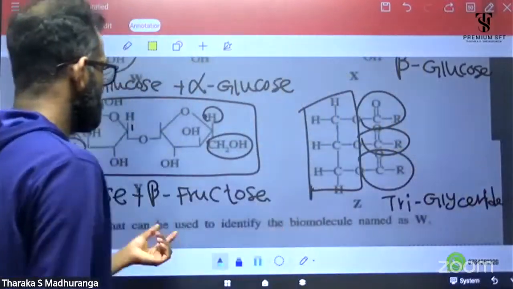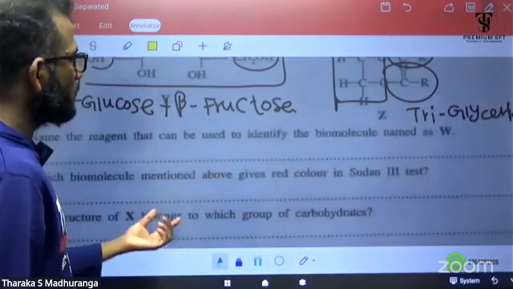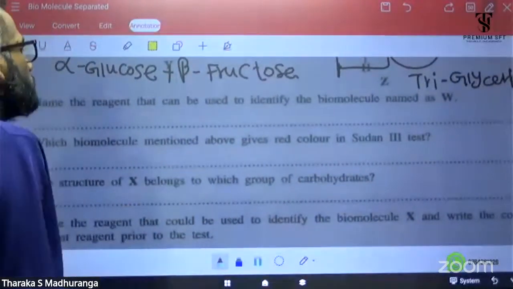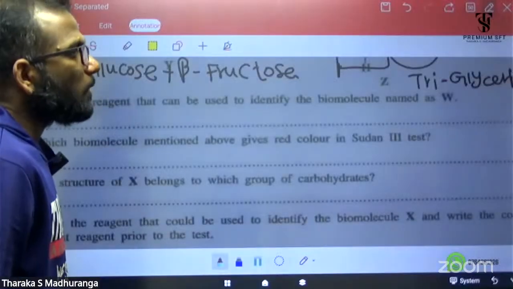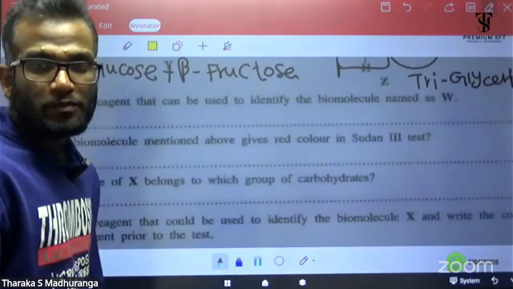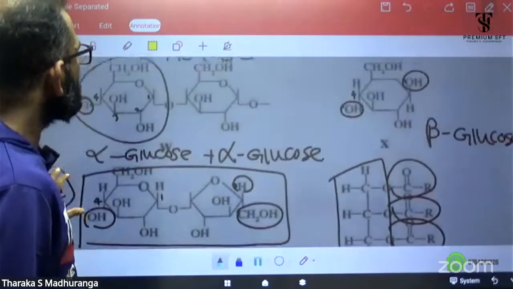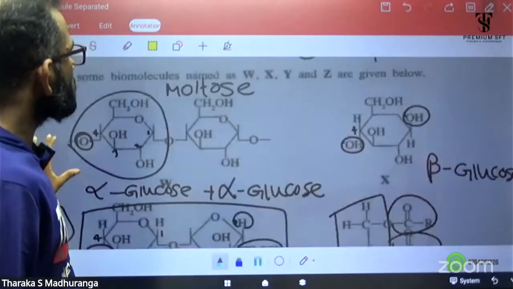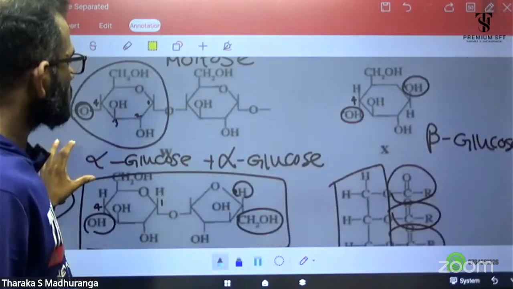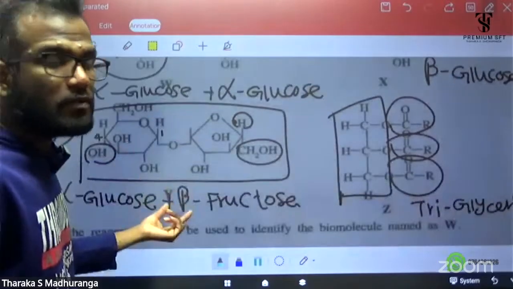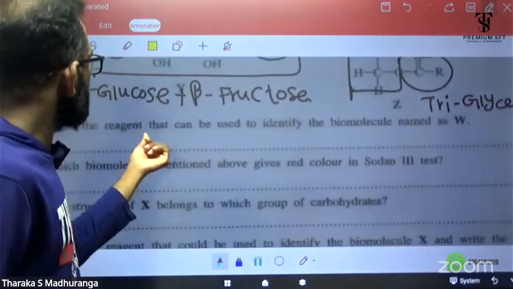Okay, now let's move on to the question. Now, very simple. Name the reagent that can be used to identify the biomolecule named W. What is the W biomolecule? Maltose.